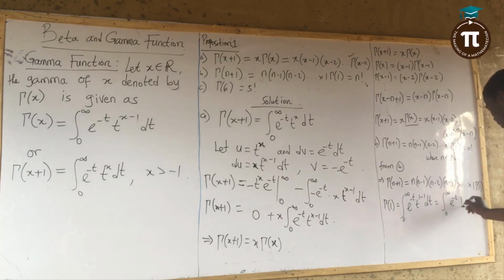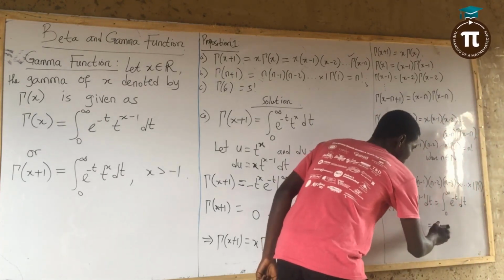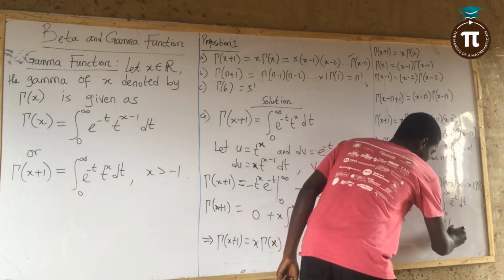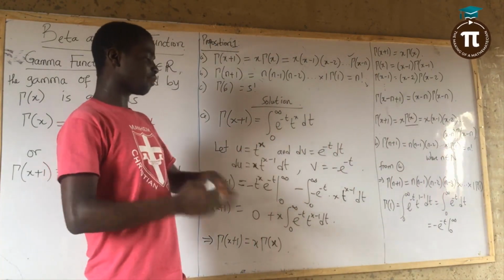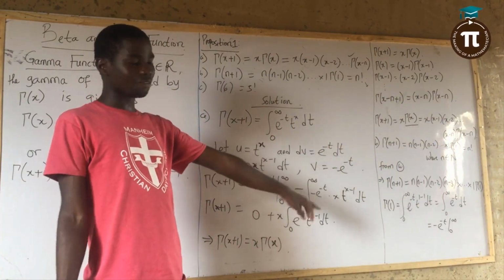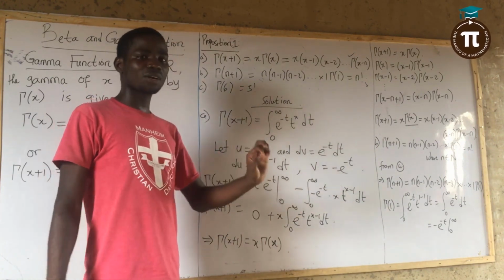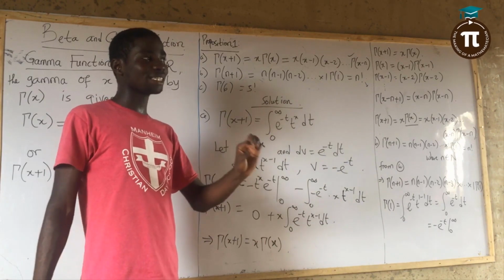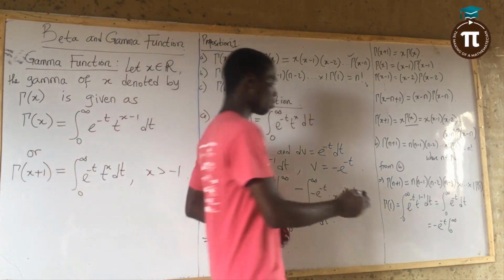If you integrate this, you have minus e^(-t) from 0 to infinity. By the time you put infinity there, you have negative e^(negative infinity), which gives 0.